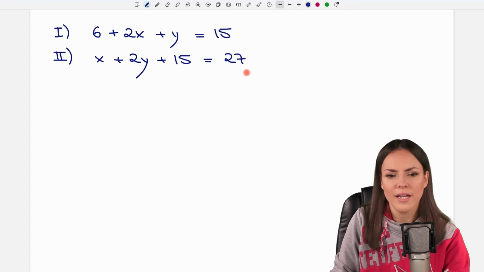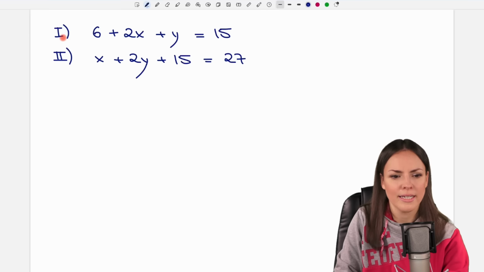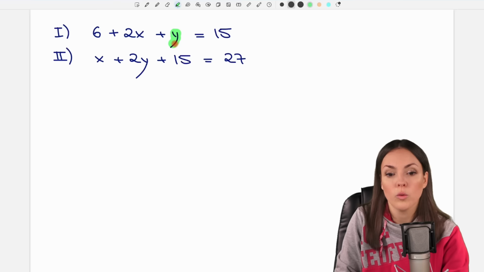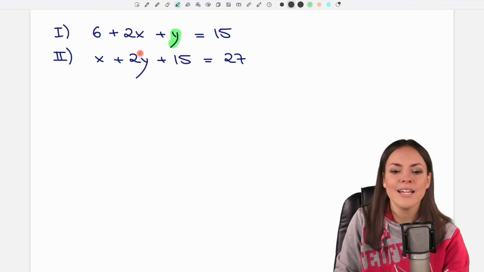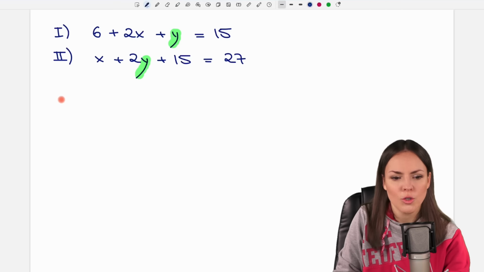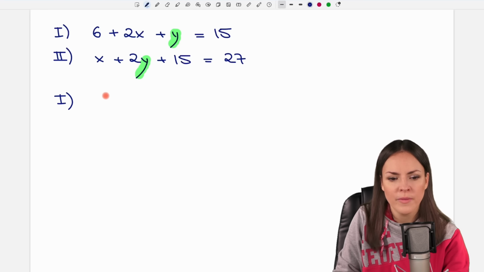And I wrote this down here again. And there are several ways to solve such a system of equations. But I would like to solve the first equation for y, because we only have one y in here and it's easy to solve for y, and then plug it into this y here in the second equation. So we take the first equation and solve it for y first.